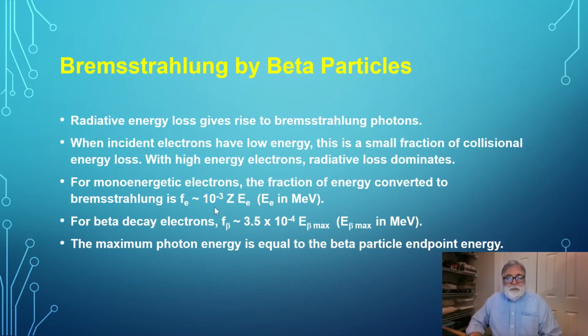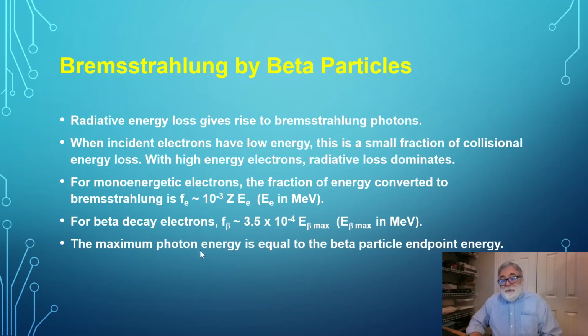So the difference of fraction is largely due to the difference in the overall energy of the beta particle spectrum. Some electrons are giving up a lot of energy, they have more energy, they have more bremsstrahlung produced. Some have less energy, less bremsstrahlung produced, but on average, the average fraction of energy that's transferred to photons is close to the average energy of the beta spectrum.